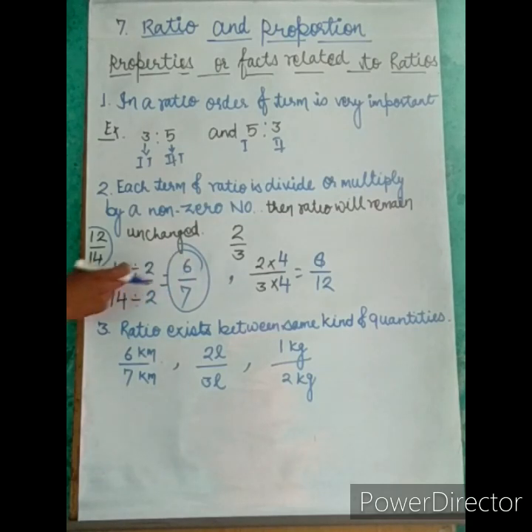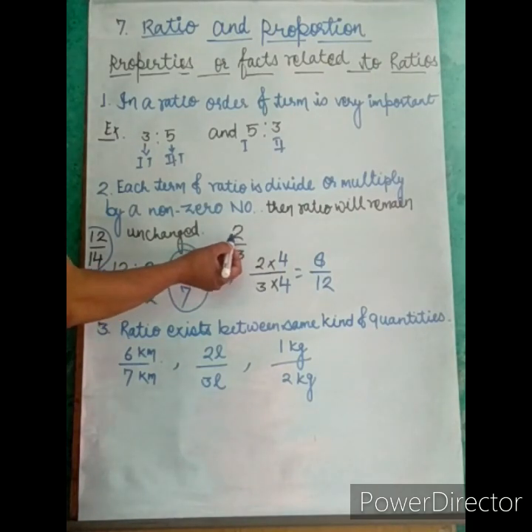We can say 12 over 14 is an equivalent fraction to 6 over 7. If you cancel by 2, you will get 6 over 7. Means both are equivalent fractions or the same.